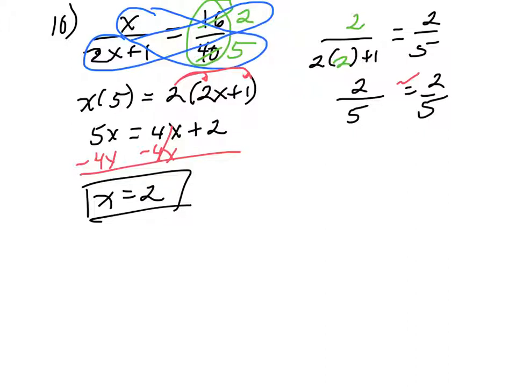Then I want you to look at 14. I want you to solve 14 on your own. So 14 is 3 over 34 equals m over 51. There is nothing that you can multiply 34 by to get 51, is there?